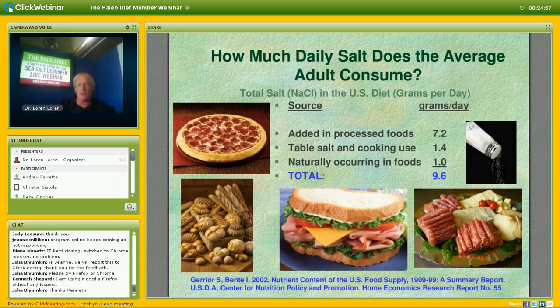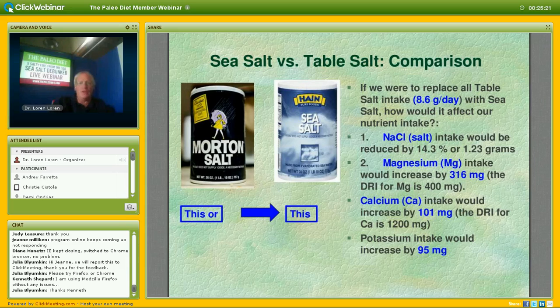And listed here in this table, you can see that virtually all of it comes from processed foods, a little bit from salt that we shake on our food at the table, and some salt that we put into cooking. Naturally occurring foods, real foods, like paleo foods, living foods, have very little salt in them. So you can see the contribution of real foods to the salt in our diet is actually minimal.